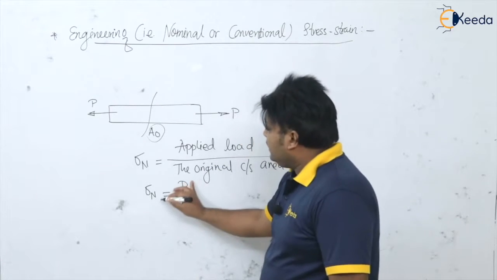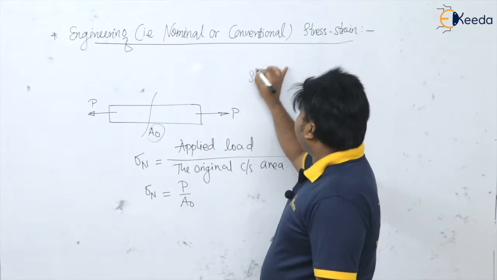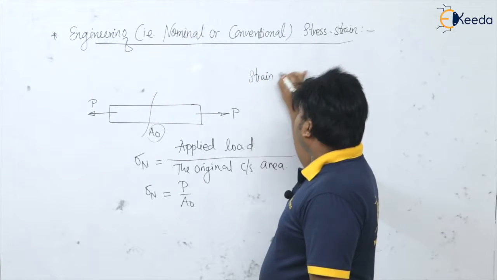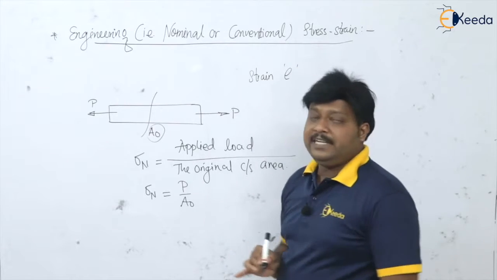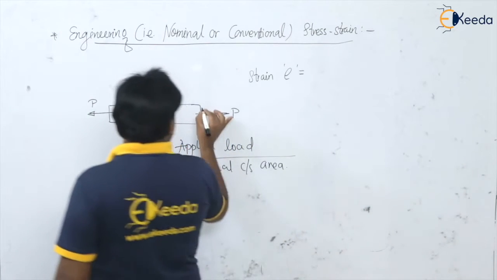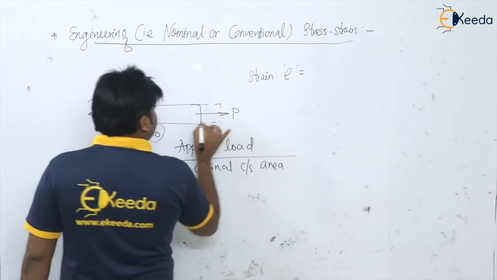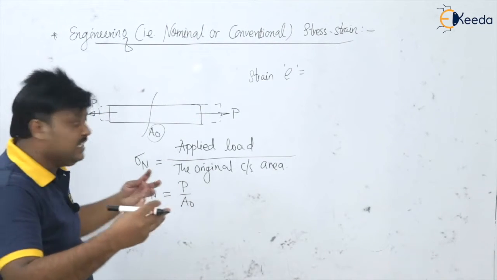This is the nominal stress, and when you talk about the strain, it is represented by the engineering strain, small e. What is this strain? Because of this load, the specimen undergoes deformation.